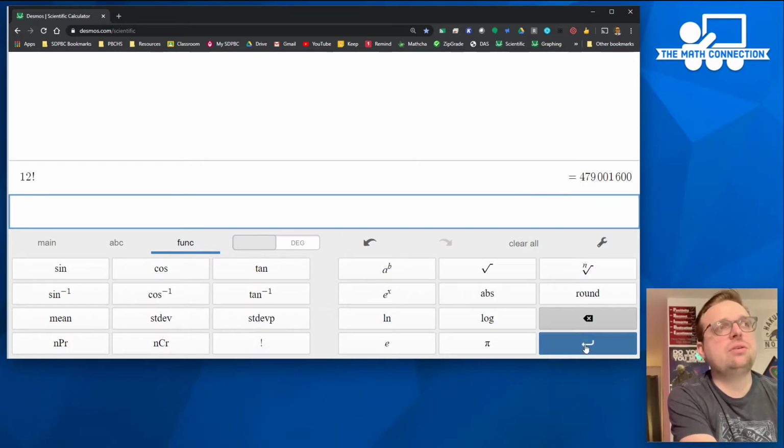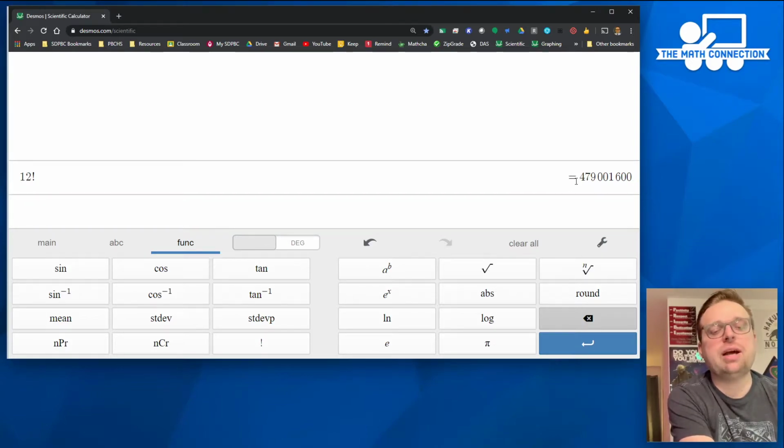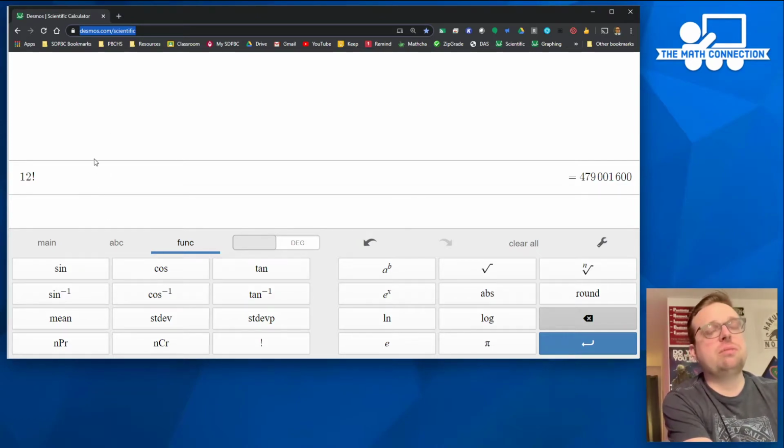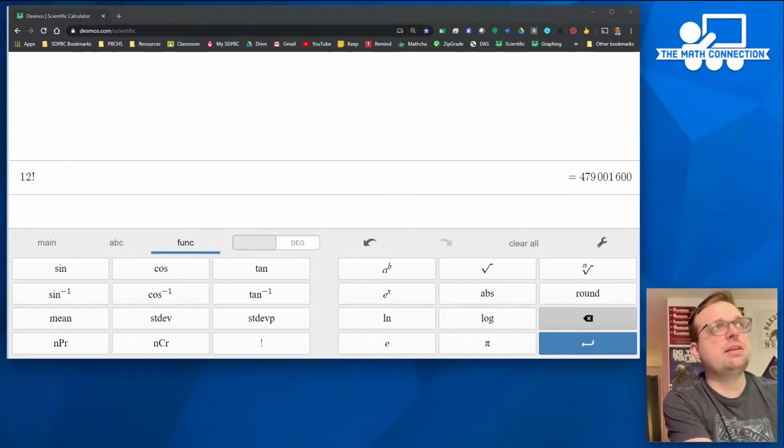You can also hit enter to go down to the next line, but the answer for that question is up here, and it matched what we got. So the Desmos Scientific Calculator is free, and the website that you go to for that is right up here in my address bar. It is desmos.com/scientific. You might want to bookmark that because we're going to be using the calculator quite a bit for these next couple problems. Okay, let's switch back.